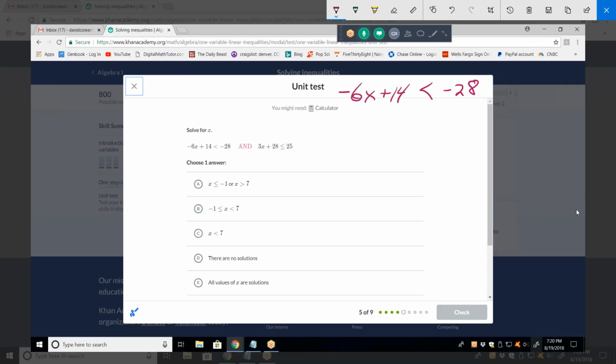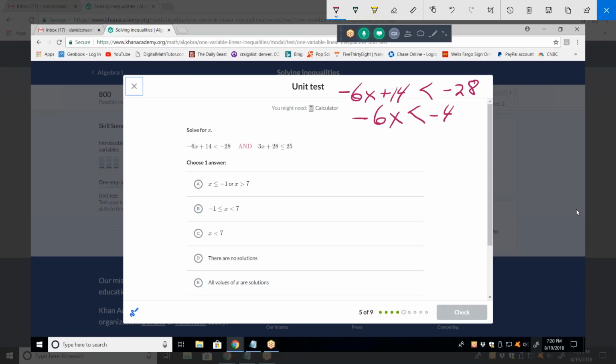Start from left to right. Where are we going to end up with the x? On the left or the right? On the left. So we've got to get all the numbers to the right. Yeah. So negative 6x is less than negative 42.